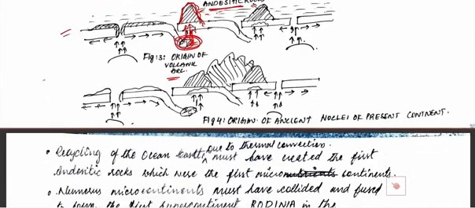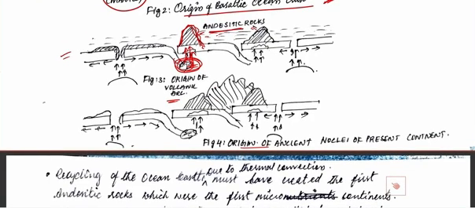So the next is the origin of ancient nuclei of the present continent. After the formation of this kind of andesite rocks, due to compressional forces acting on both plates, this will form a fold mountain like this.